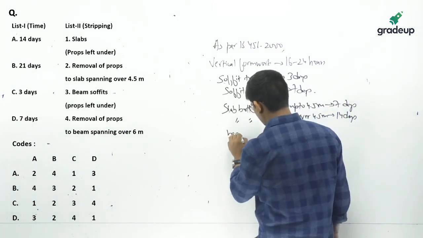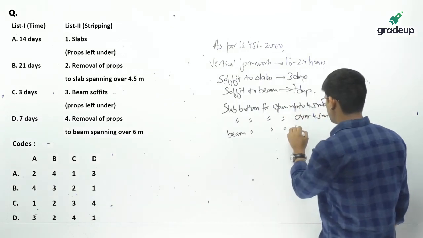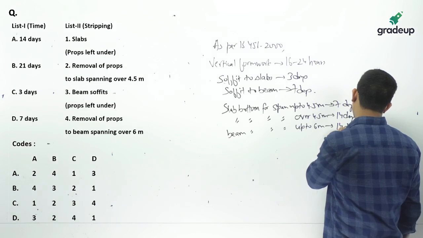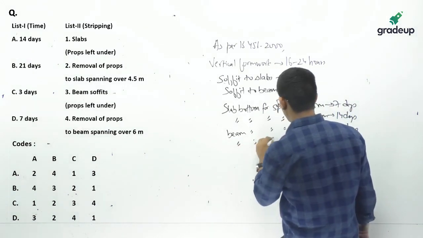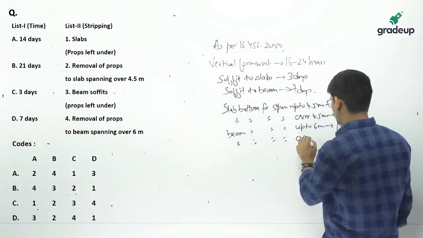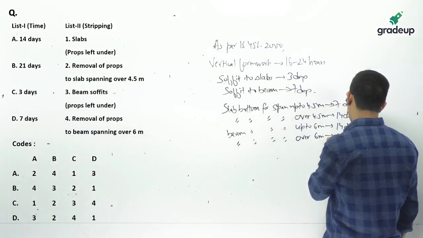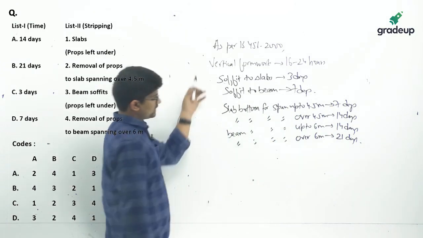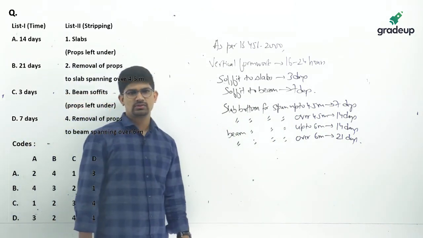Then beam bottom for span up to 6 meters is 14 days, and beam bottom for span over 6 meter is 21 days. Okay, so this information you will find in IS 456 also.